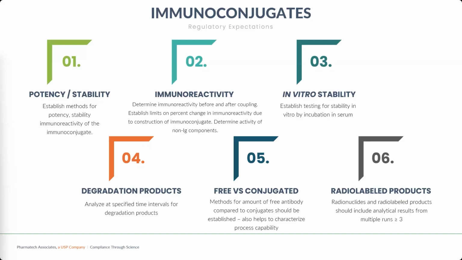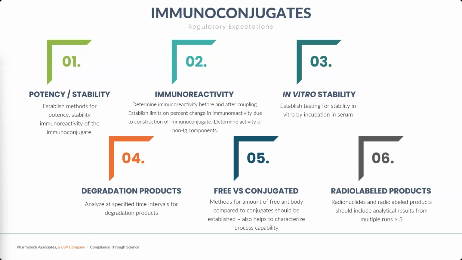What are the potential side products that may happen in the process of clearing and degradation as the drug product is basically sunsetting in its use, right? Identifying and quantifying the level of conjugated product versus unconjugated product.